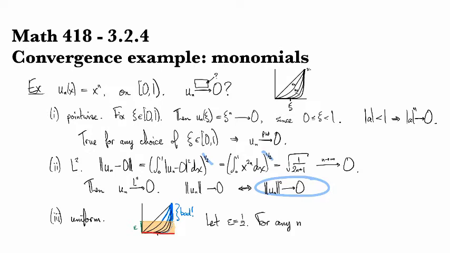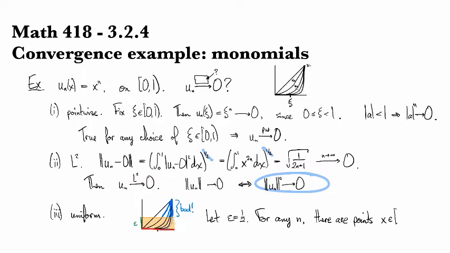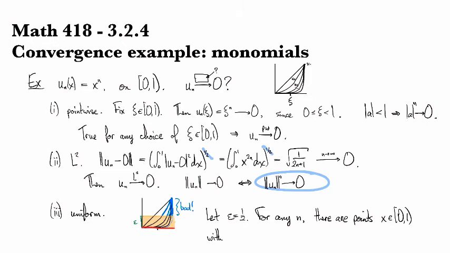For any choice of n, there are points in the interval with x to the n greater than 1/2, and that means the maximum difference between xn and 0, let's choose these to look specific, I can choose a point c with c to the n bigger than 1/2.